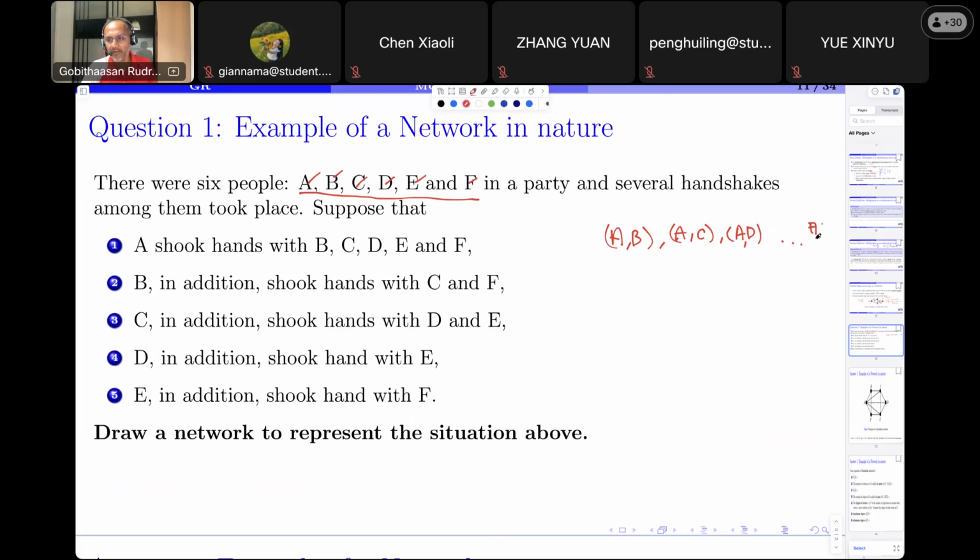So these are edges. And then next, B shook hands with C, and then B with F. So we can just move on like that. In fact, we can just straight away draw. So we have A, B, C, D, E, F. You can just start plotting A, B, C, D, and F.